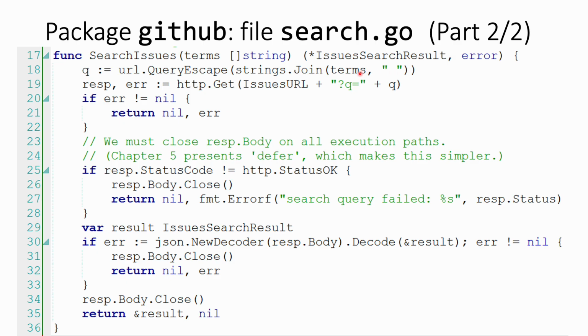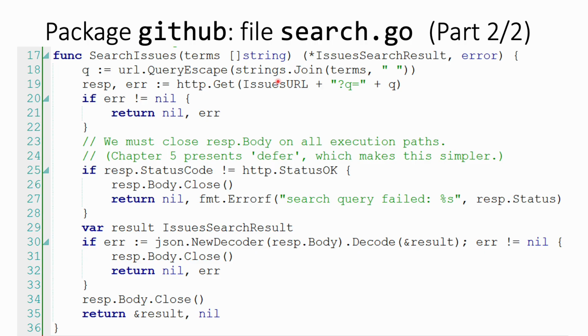Then we pass the resulting string to the QueryEscape function of package net/url. Recall that function url.QueryEscape converts the given string into a query string that is safe to be placed in a URL.